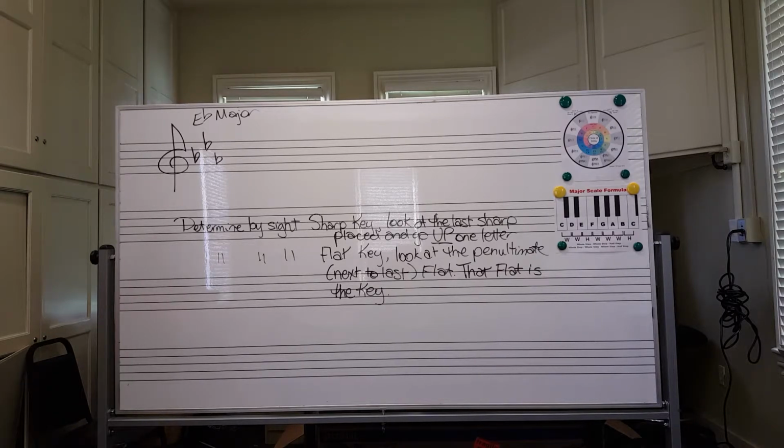That specific next to the last flat is the key. So for example, you notice by the example I just drew on the board, the next to the last flat is an E flat, and therefore I am in the key of E flat. And by the way, with the exception of F, all of the keys have the word flat on the flat side. All right? So that's how you determine your keys by sight.